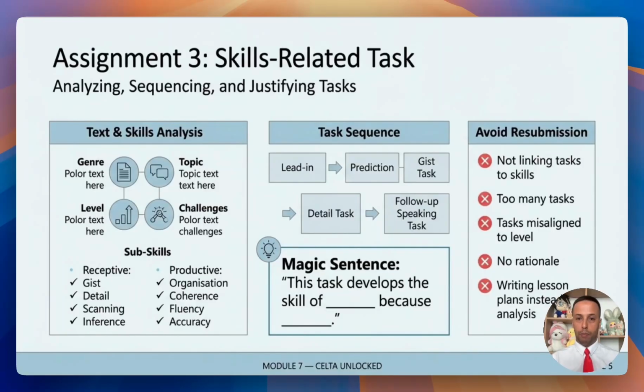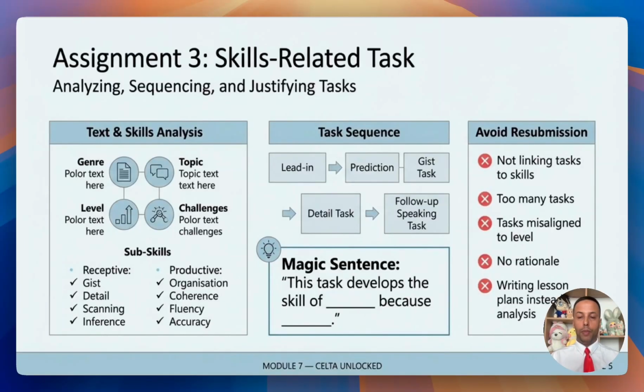If the text is B1, don't design C1 tasks. No rationale. For example, "I would do a matching activity." This is not enough. Why? What scale does it develop? Writing lesson plans instead of analysis. This is an analysis task. You are justifying, not scripting. So stay analytical, stay justified, stay practical.